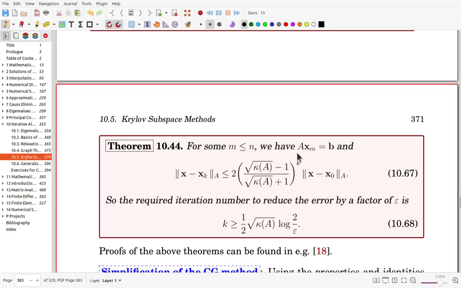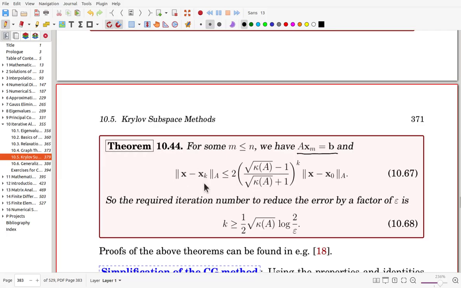And x_m equals b, which means that after m iterations, the algorithm completely converges, so there's no other error. Just x_m becomes the true solution. And also, the convergence rate, the error reduction rate, is given along with this one.